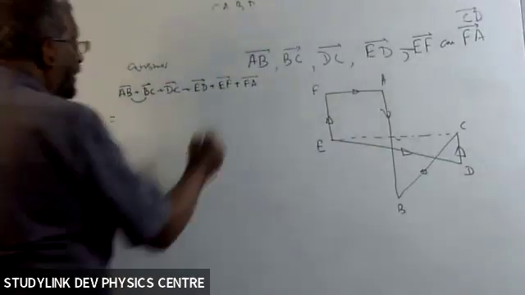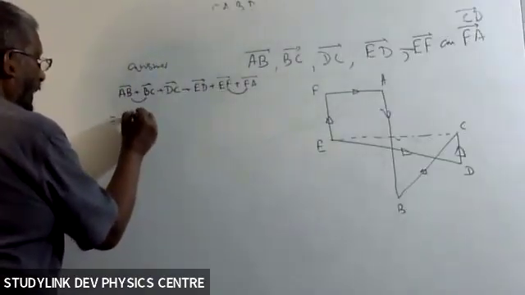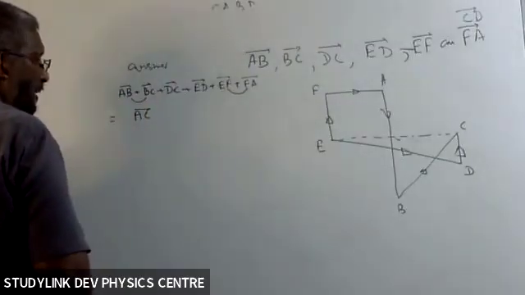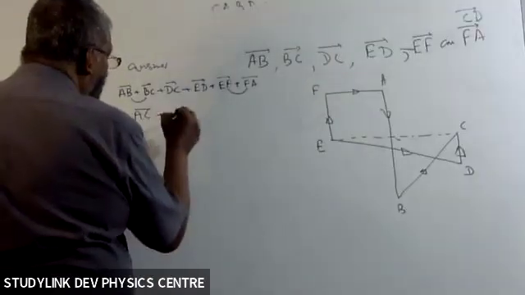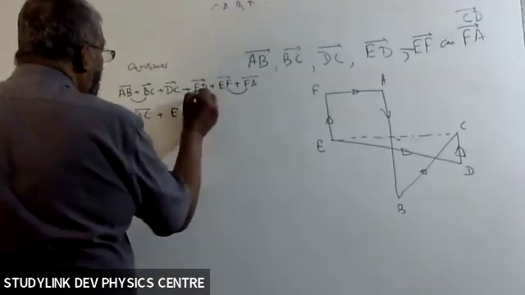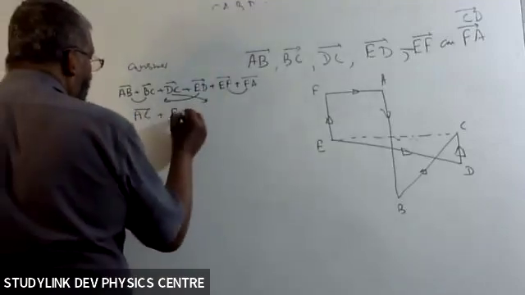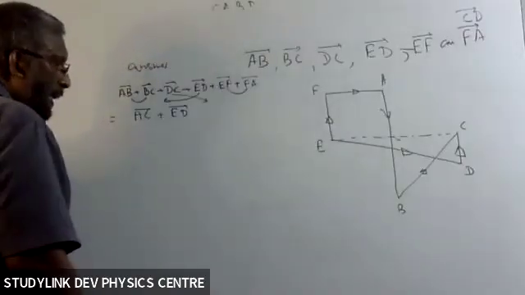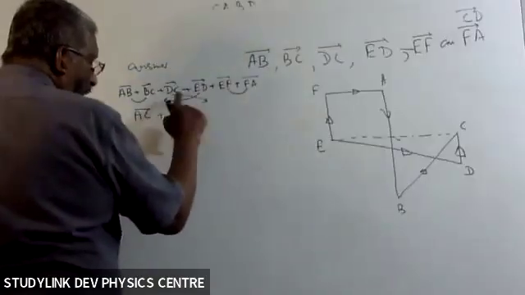Now, these two can be added. Then AB plus BC is AC. These two are equal, I drop the letter, so AC, by the triangle theorem. Then plus DC. I'll take ED first and DC after it. Then you might ask why. The reason is you can place vectors in that row anywhere, but you can't change the letters.